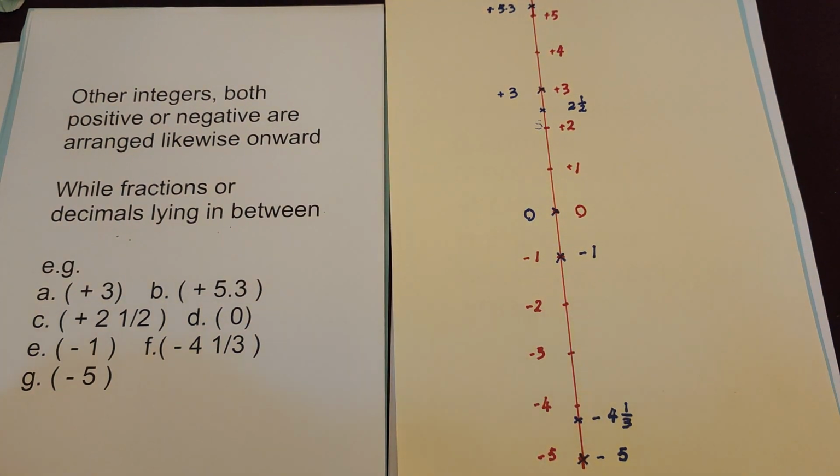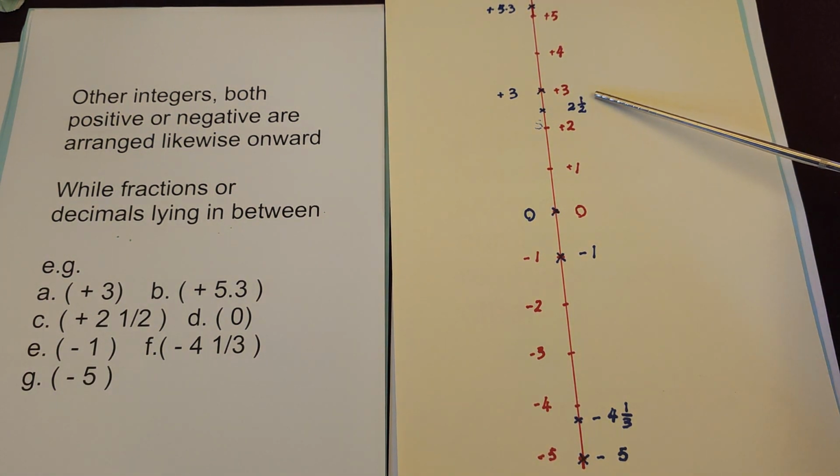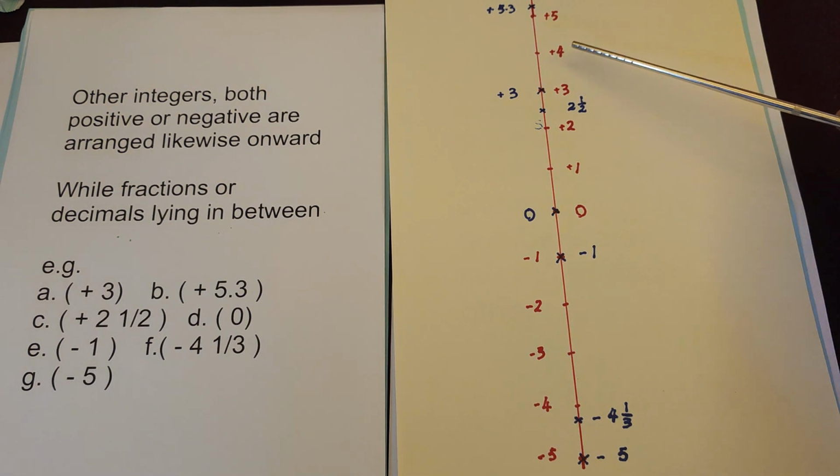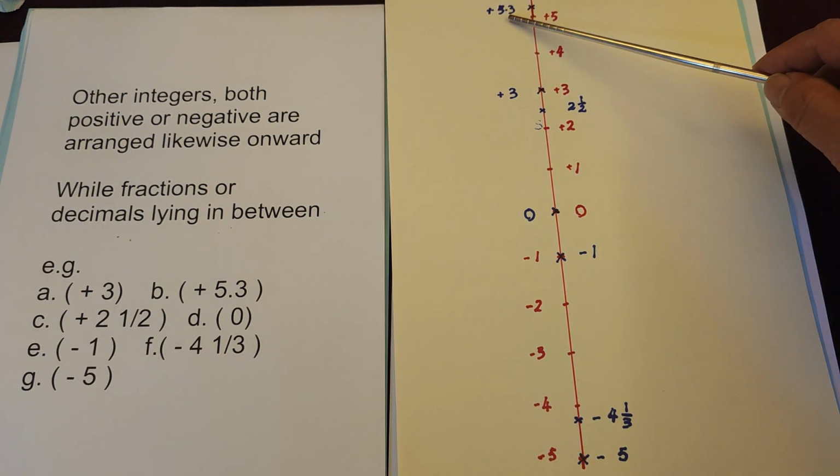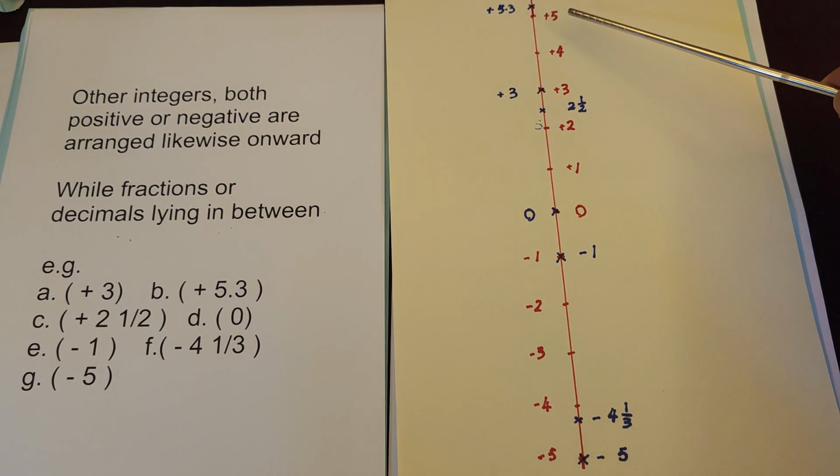Other integers, both positive and negative, are arranged linewise onward, while fractions or decimals lie in between. Here we have positive 3, positive 5, and positive 5.3.